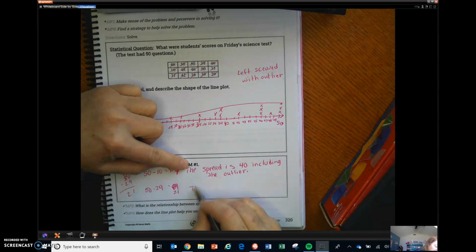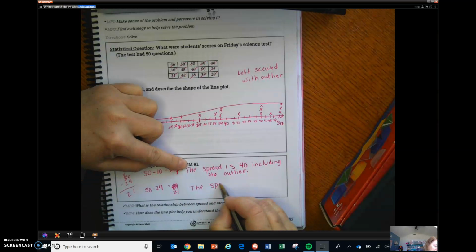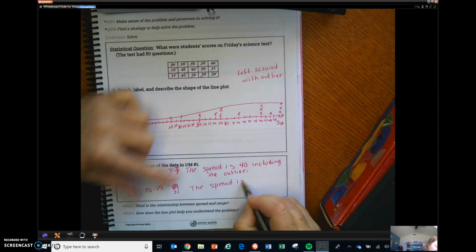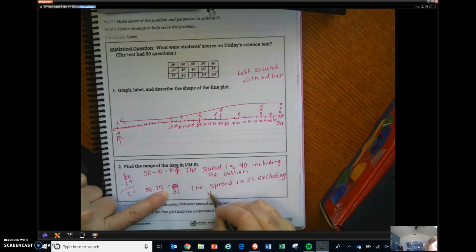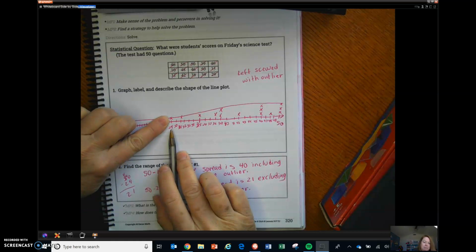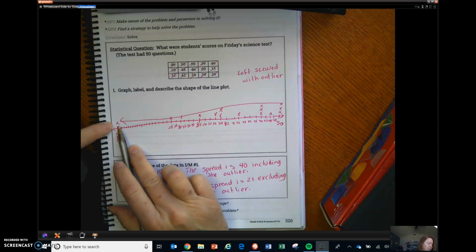So the spread, and you need both of these in your answer, is 21 excluding the outlier. Because in this one, I chose this as my smallest number, and I did not choose the outlier. That's just kind of out there all by itself. Okay?